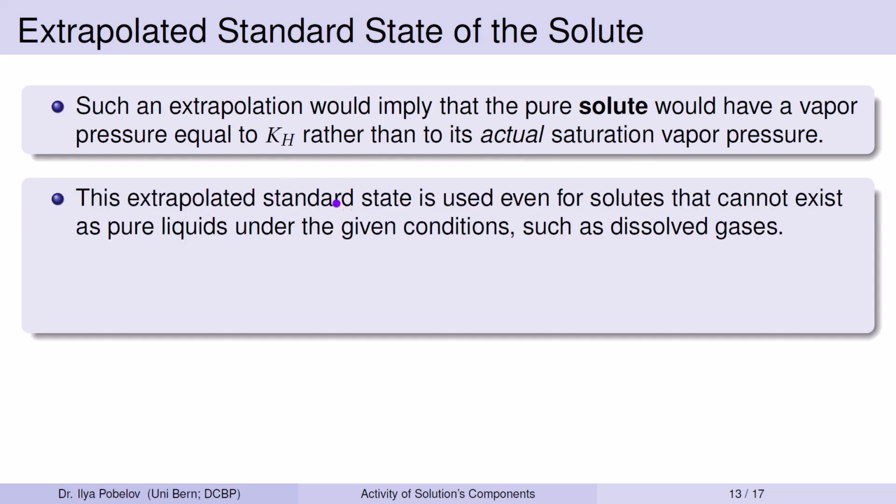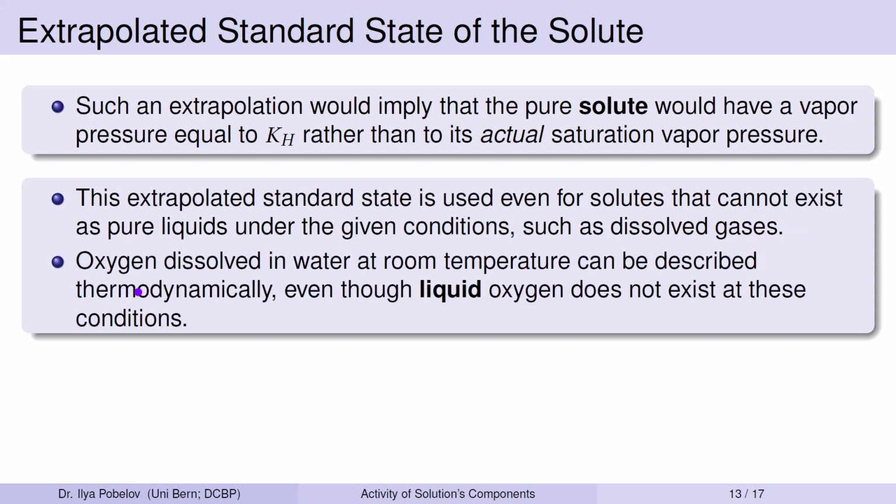This extrapolated standard state is used even for solutes that cannot exist as pure liquids under the given conditions, such as dissolved gases. For example, oxygen dissolved in water at room temperature can be described thermodynamically, even though liquid oxygen does not exist at these conditions.